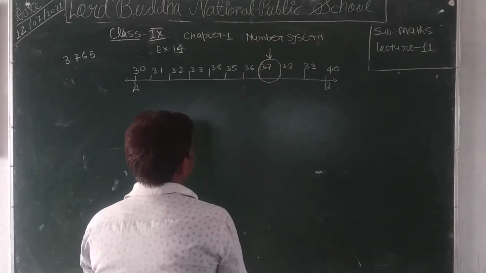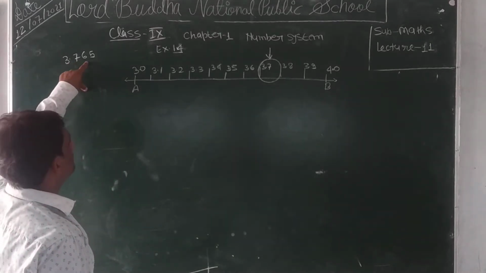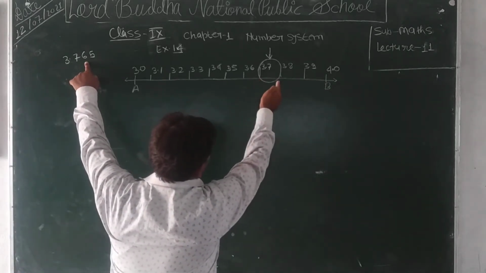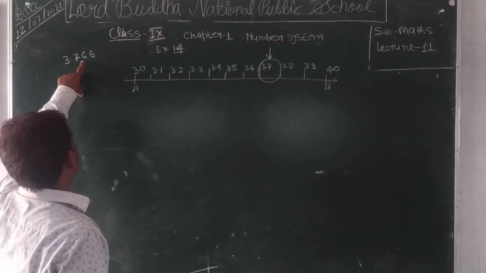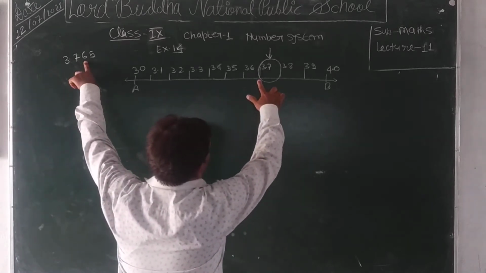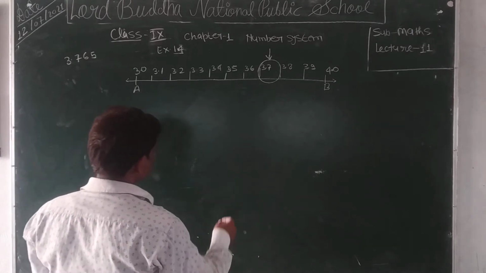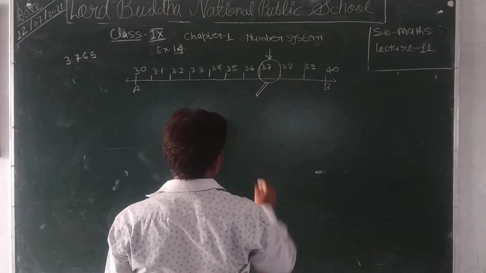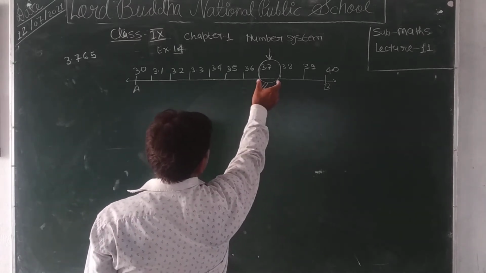Now, we see that 3.765 will lie between 3.7 and 3.8. Hence, we magnify this length and imagine dividing it into 10 equal parts.